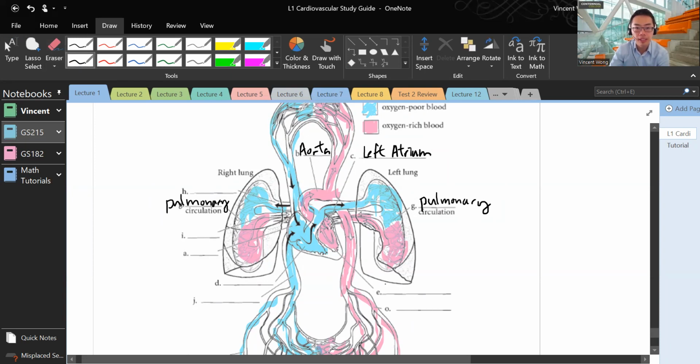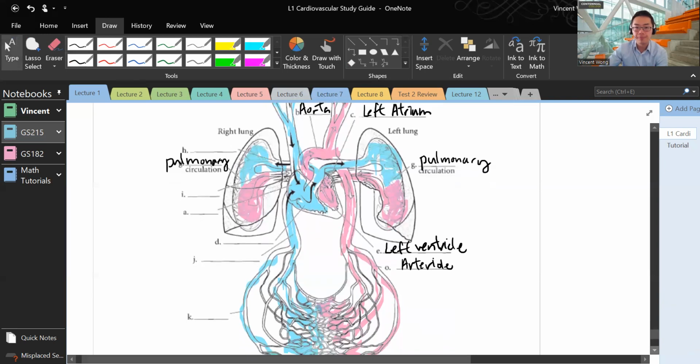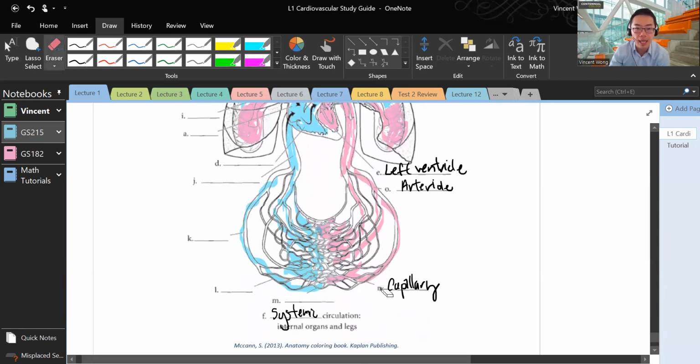E is pointing at the left ventricle. So if you follow the aorta, eventually it becomes a little bit smaller. So O is referring to the arteriole, a smaller version of the arteries, which then becomes the capillaries here. And this side is going to be the arterial end.